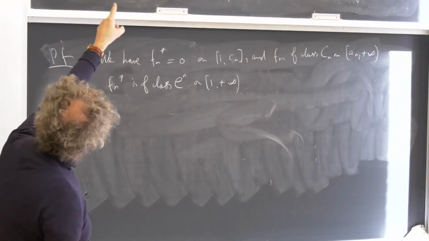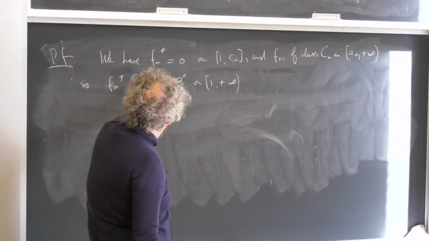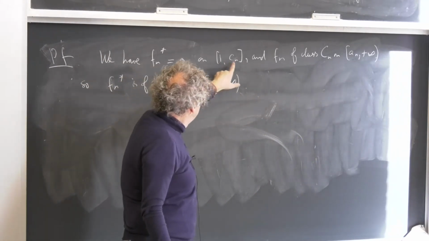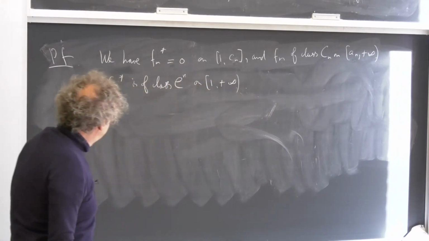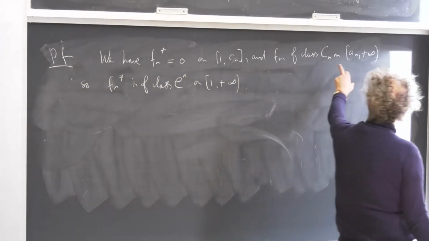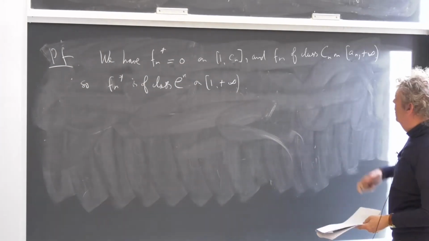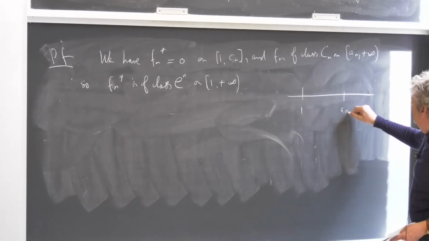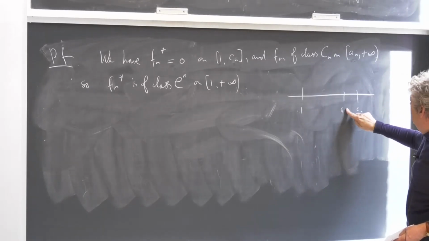See, fn star is alpha n times fn, right? So up to Cn, nothing can go wrong. Beyond An, okay, so here you have An, and here you have Cn, let's say.